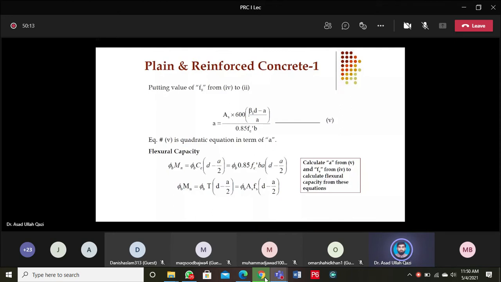And when I will replace that Fs with this equation and I will simplify this, I will get from equation 5 a quadratic equation in terms of a square plus b a plus, you may use any alphabet like let it be y, equal to 0.